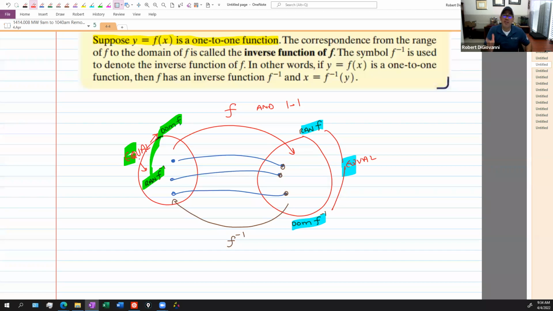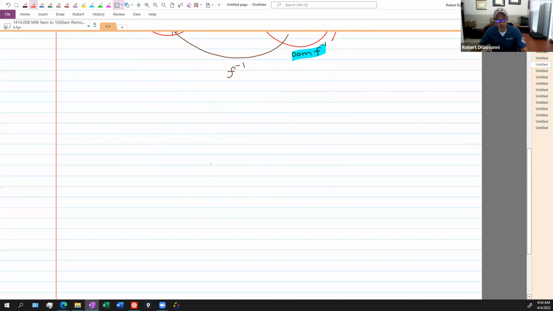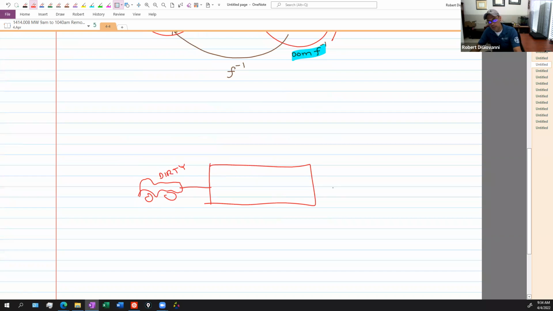So this is good. What this is telling us is that if we have a one-to-one function, there's a way to undo it. So it's like the car wash I was talking about. You put your dirty car in here, and it comes out over here clean. We could call that the f function.